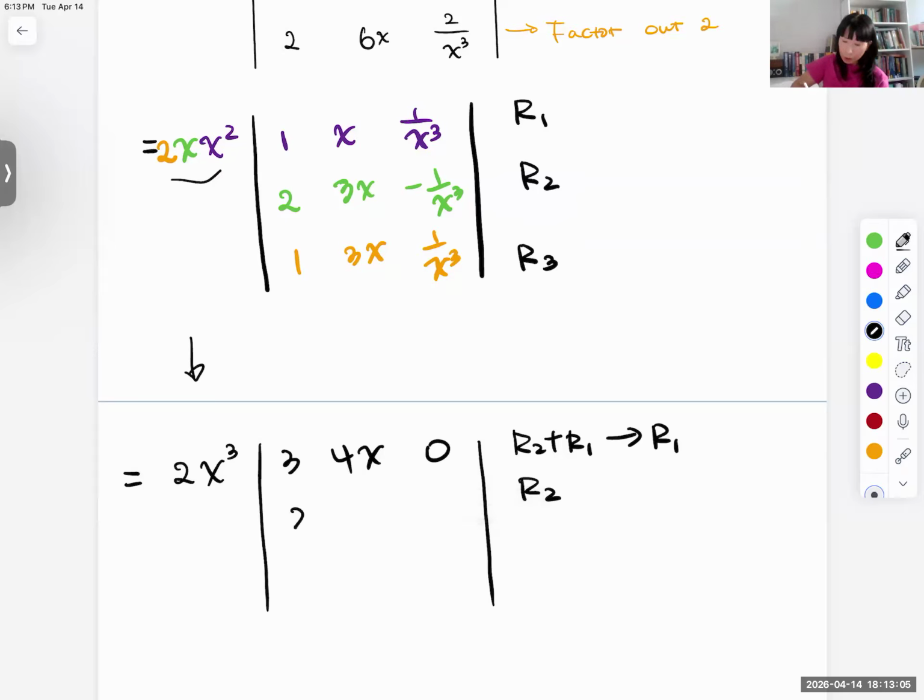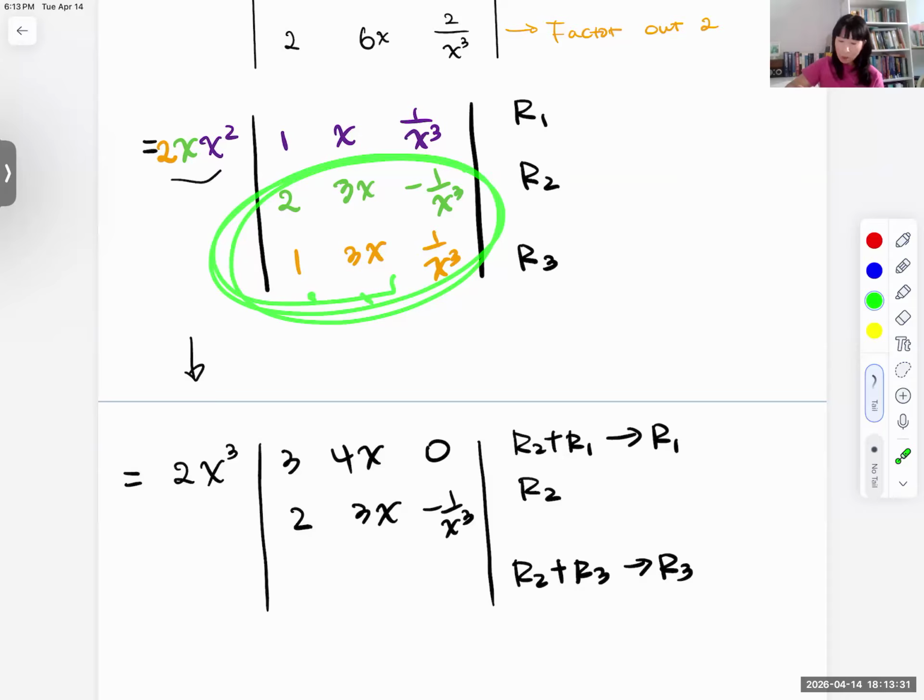And the third row, I want to add row 2 to row 3 to make row 3. That will be 3, 6x, 0. So 3, 6x, 0.